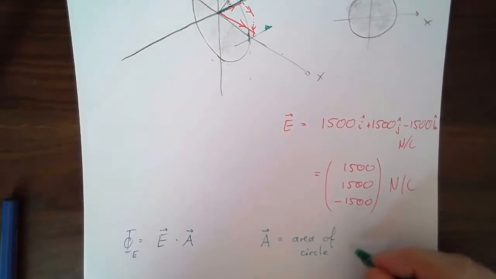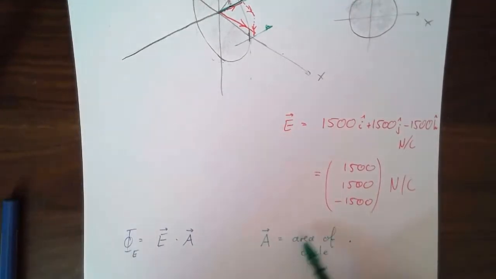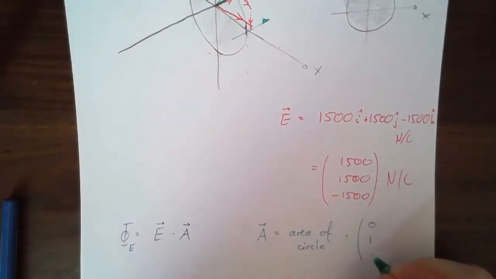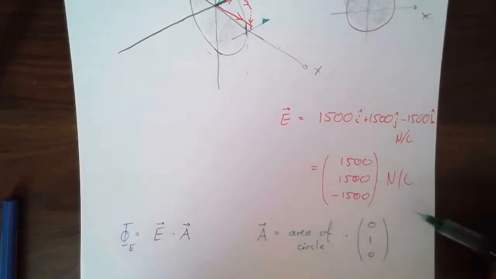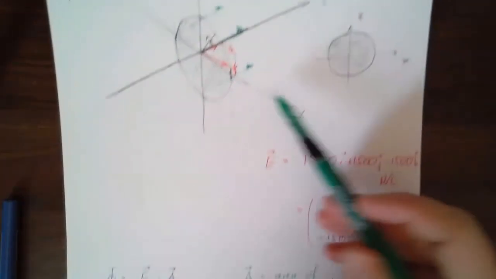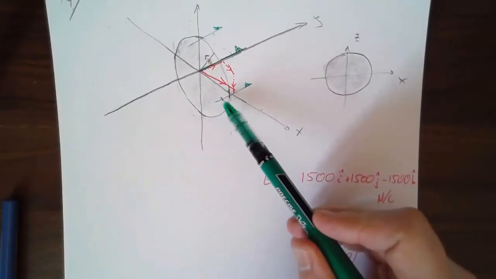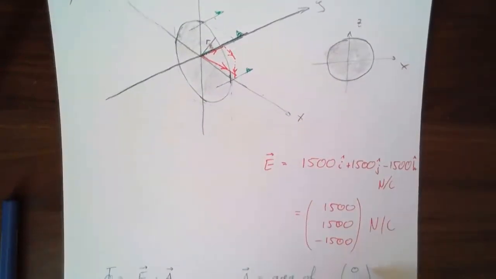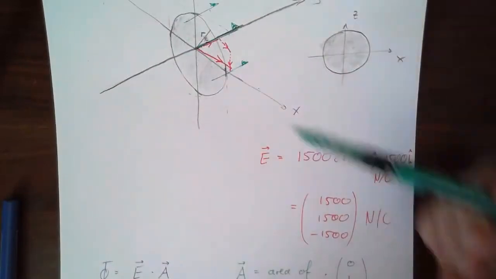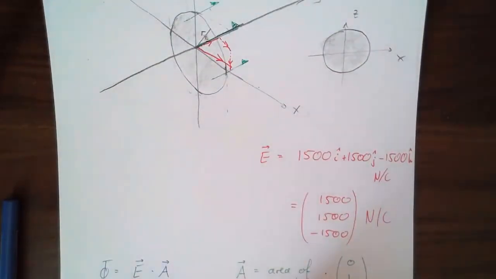And then we multiply that by the unit vector, the direction, which is going to be just in the y direction, so I can write it like this. 0, the flag does not at all point in the x direction. It does not at all point in the z direction. It only points in the y direction. And we can fill in what the magnitude is. That is just the area. How many square meters is it?